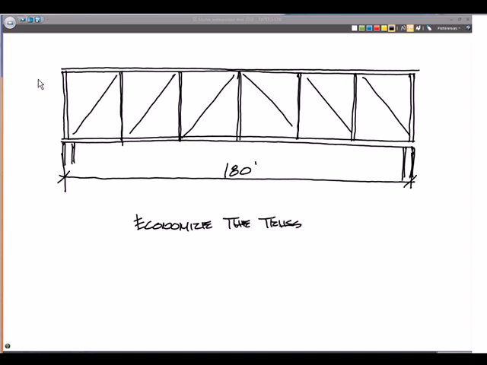Well, the trusses get their efficiency in terms of their use of material. Okay, so if we're going to splice the truss, maybe we're going to put a splice point in here and here.